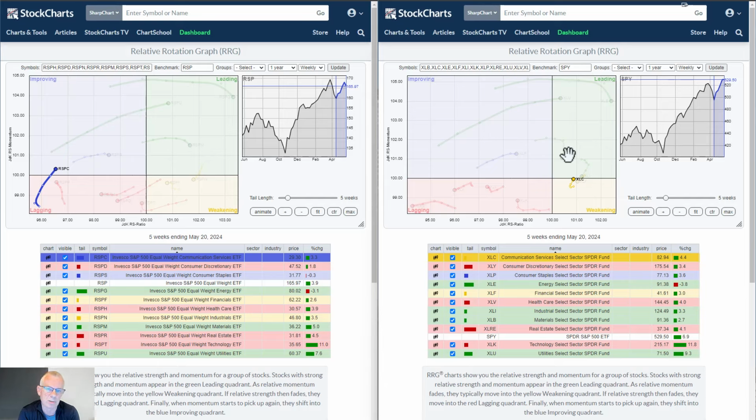And these tails are both 5 weeks, and you can see that RSPD only crossed into the lagging quadrant 1, 2, 3 weeks ago, and XLY already crossed back, coming from improving, it's crossing over here. So this is November 6th, and it's been in the lagging quadrant or on the left-hand side ever since. Quite a time. If we look here, it's only 2 or 3 weeks.